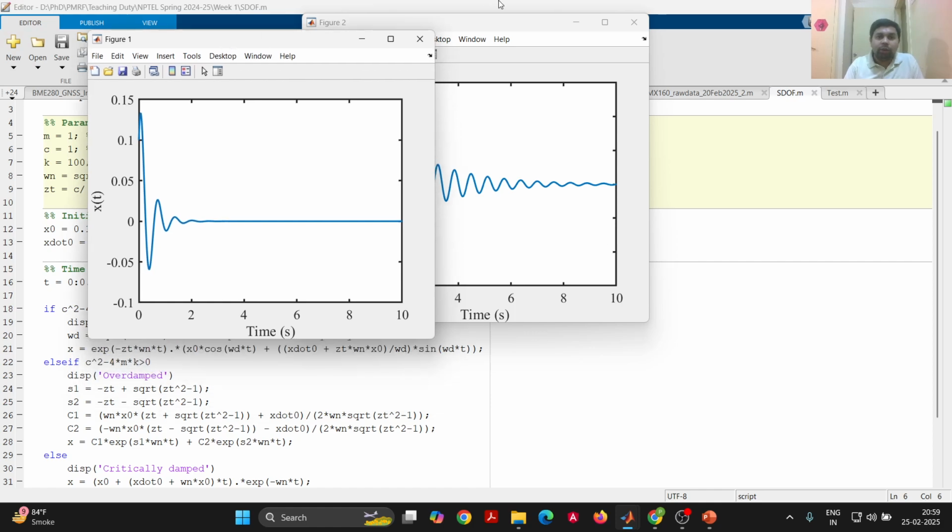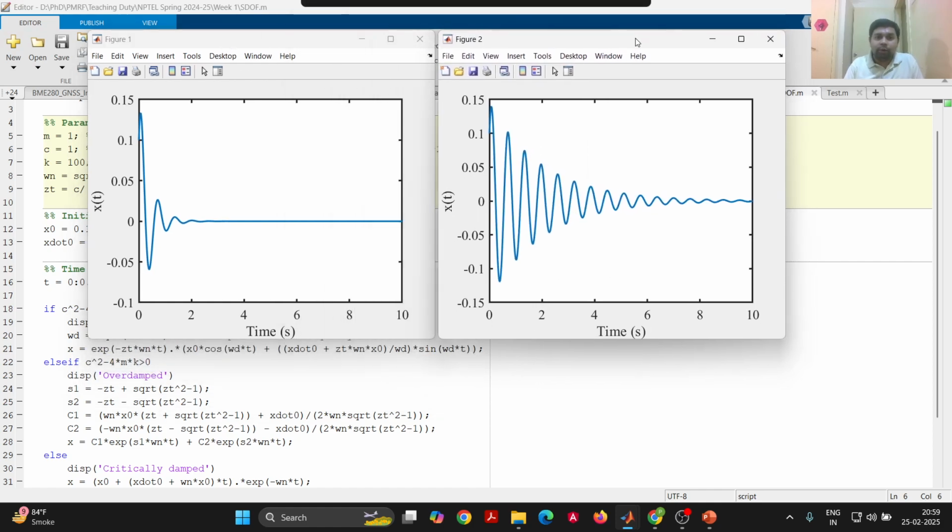This was the figure for the earlier value of damping, which was 5. Now this is for 1. So the oscillations are dying down with time, but because of the reduced damping, the system takes much more time to come to the equilibrium position of 0.